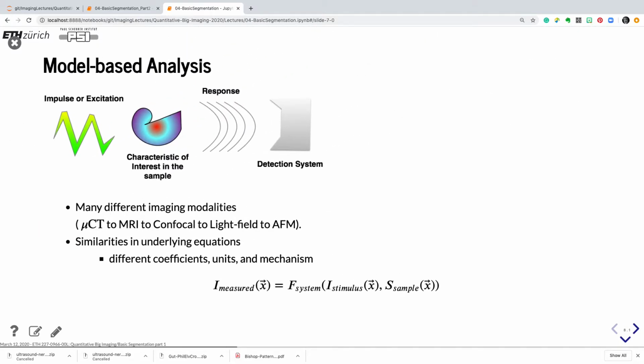But anyway, going from the model, you have your imaging system that produces an image for you. In the end, you have your imaging system, which includes the impulse, the sample, and how the system reacts with that. And then you have a detection system that actually gives you the measured image.